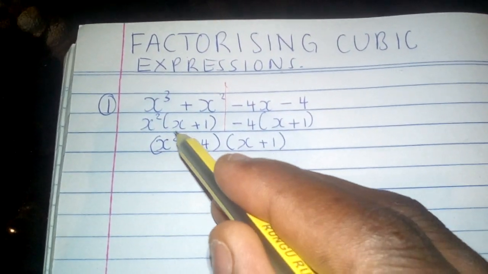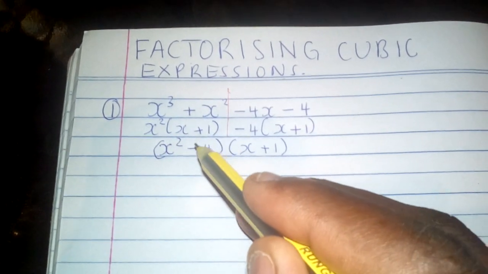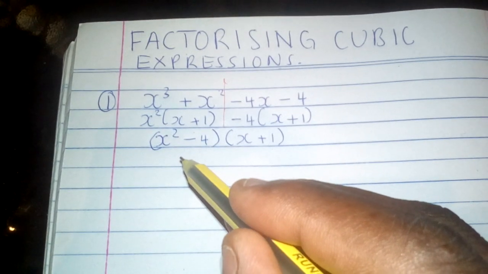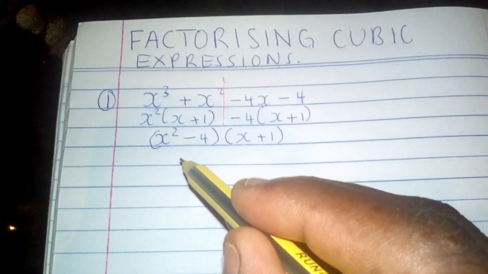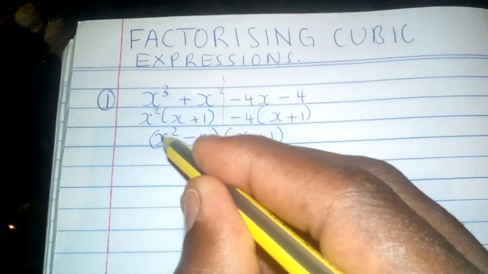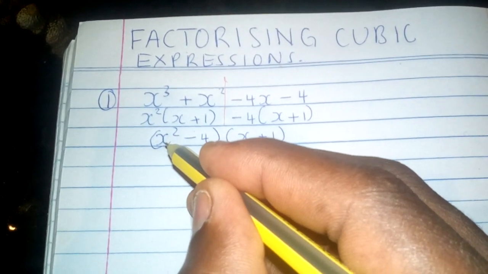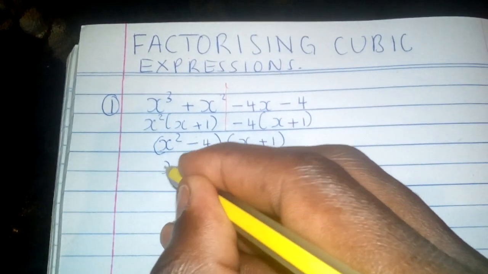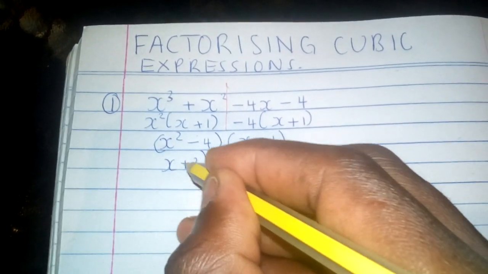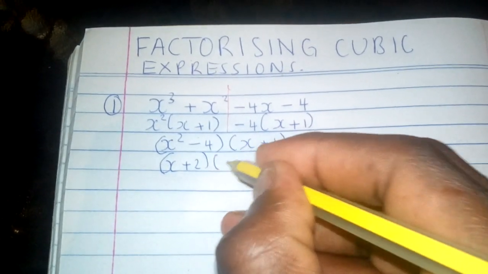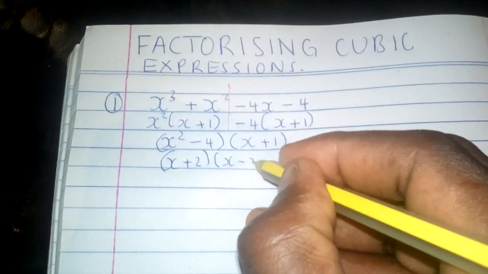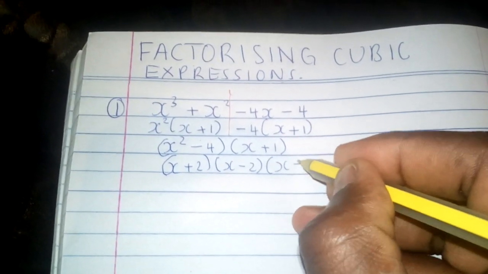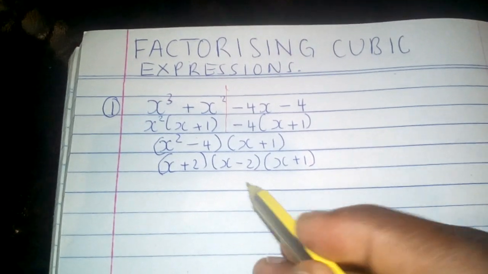And if you check properly, we have a square number here and also we have a square number there. So this tells us we have a difference of two squares, and the square root of x squared is x, the square root of 4 is 2. Hence we shall get x plus 2 in one bracket and x minus 2 in another bracket, and we also bring down x plus 1.